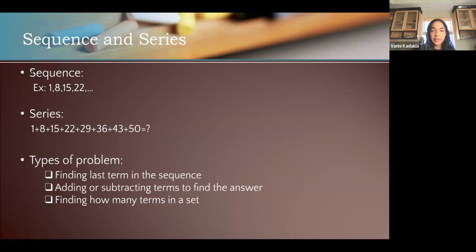Within mathematics, there are two types of lists of numbers. We call them sequences and series.